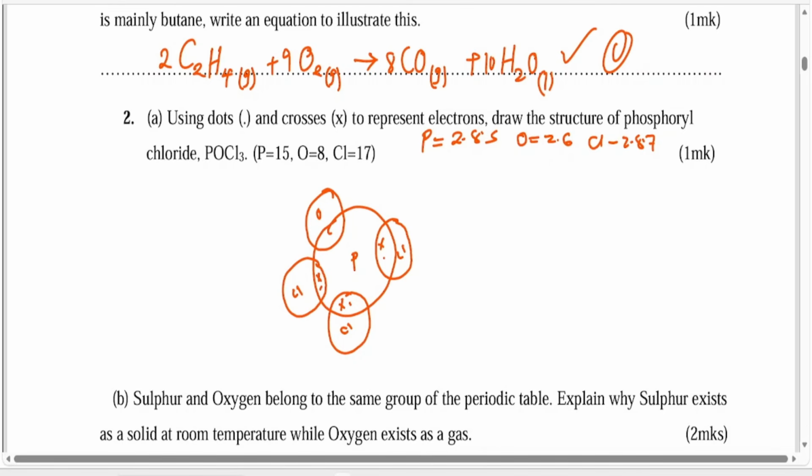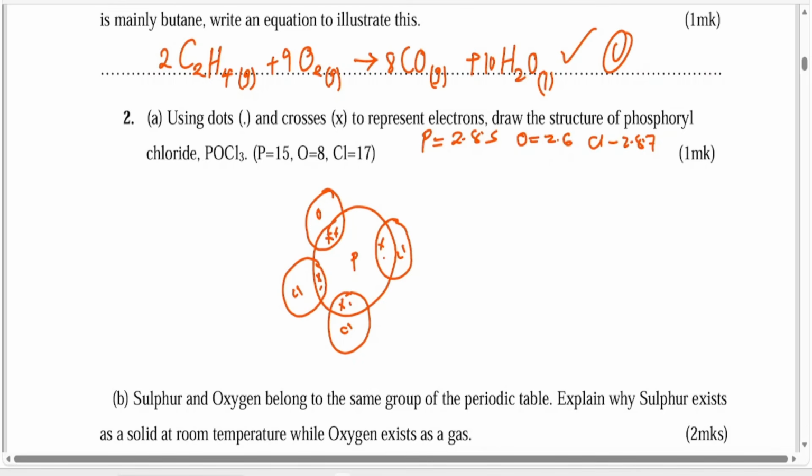And to show that phosphorus has gained 3 electrons, which are the dots, for oxygen, I will use 2 crosses to show that phosphorus has gained the 3 dots, which are 3 electrons.